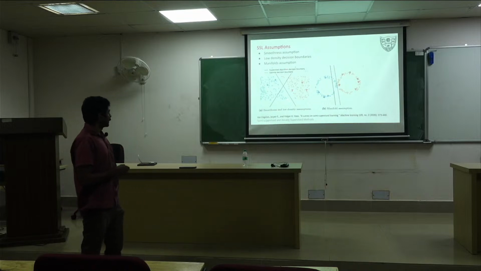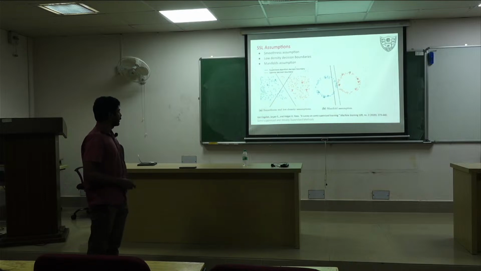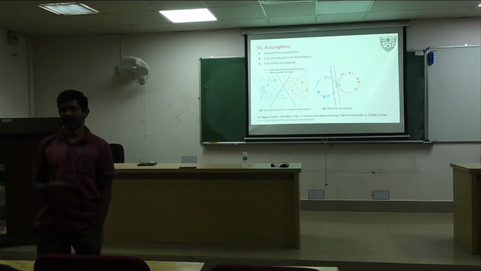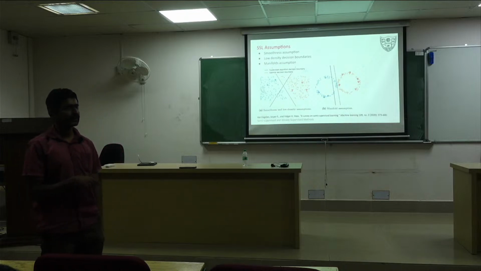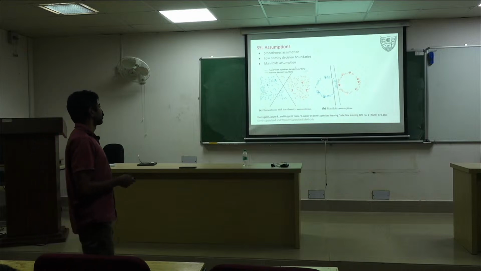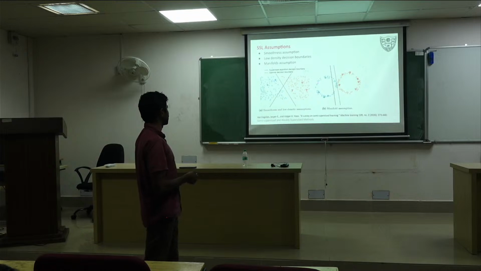And then there is a third thing which is called the manifold assumption, which is illustrated here. If you think all these are becoming part of an arc, most of the points which correspond to that particular class will lie on the same kind of manifold. So, that's a more technical assumption. We don't really do too much about this. Let's mostly concentrate on the other two.